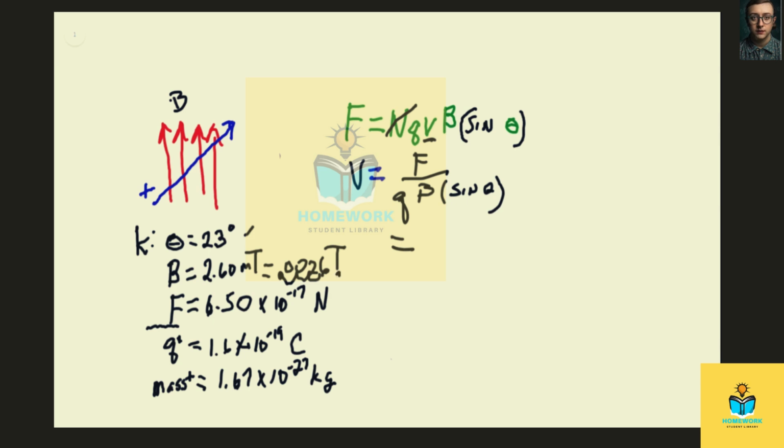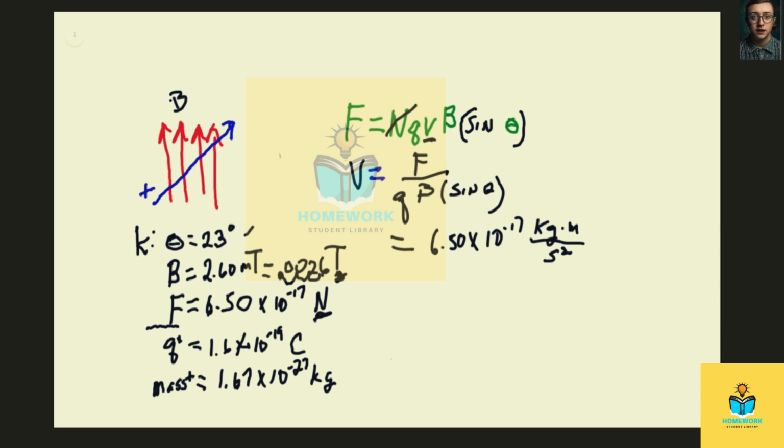Now, instead of using these units here, which are personality units, like Mr. Tesla and Mr. Newton, we're going to use the fundamental units. So instead of writing newtons, I'll write 6.50 times 10 to the negative 17, but I'll write the fundamental units of kilograms times meters per second squared.